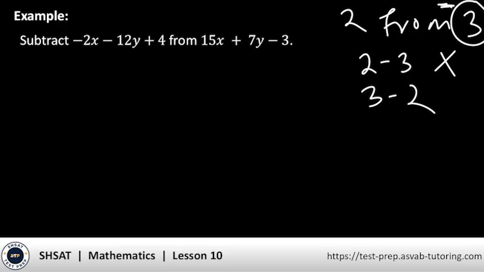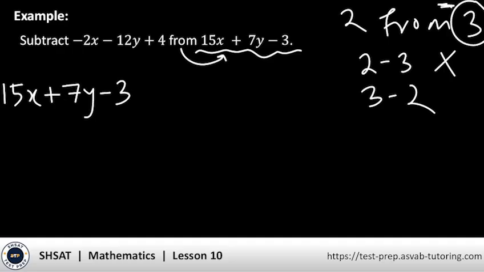So subtract this from this means what's here after the from, that comes first. So we write 15x minus 7y plus 3 first. And then you put the subtraction sign, and then you put whatever is in front. So that is negative 2x minus 12y plus 4.